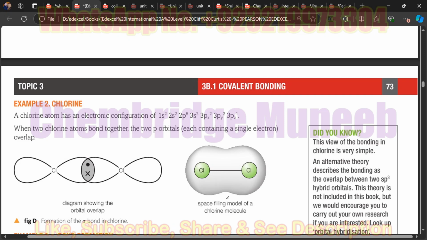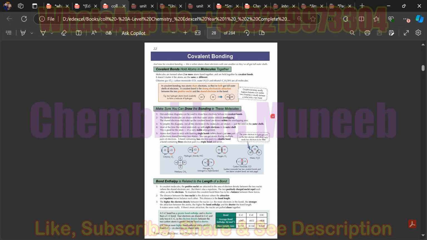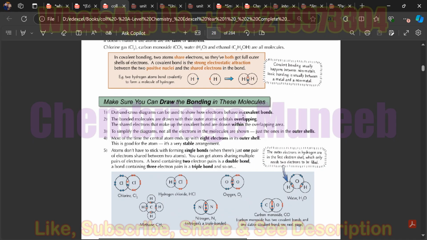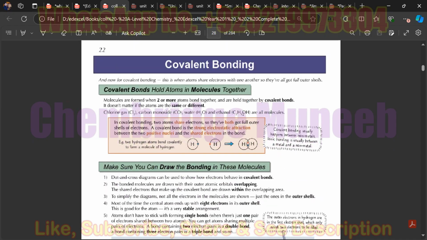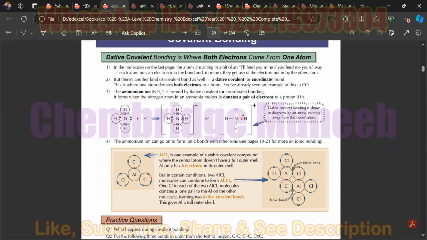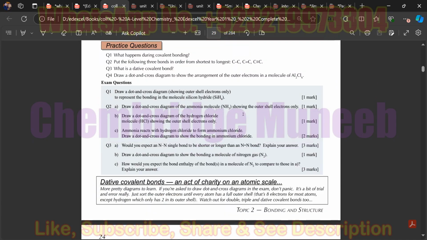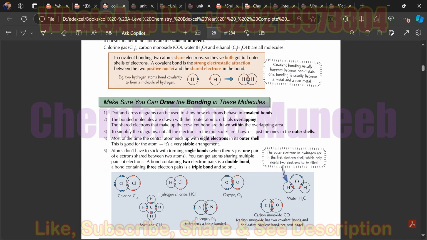It is not the actual structure as a line diagram, because for this you will write H bonded with H like this. It is mentioned here in this other book. This is the other book in which they have shown the bonding, but again no lines are shown. Okay, anyways.